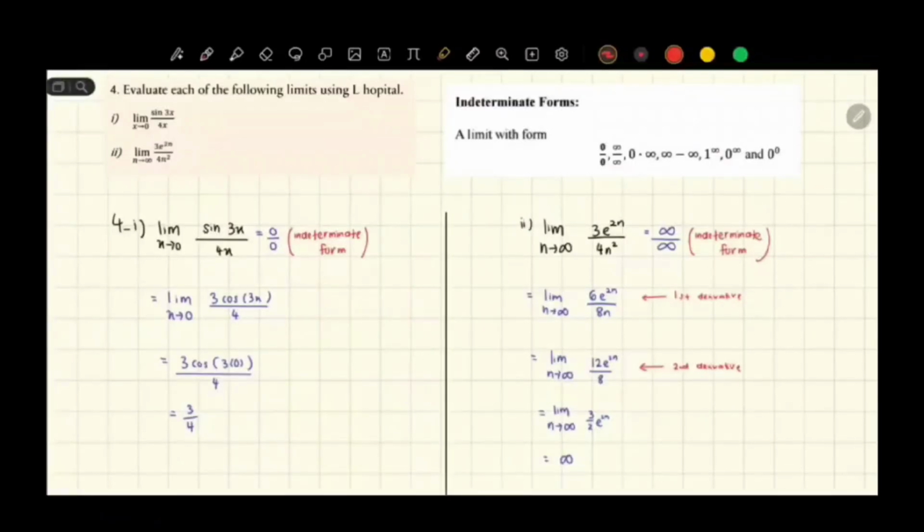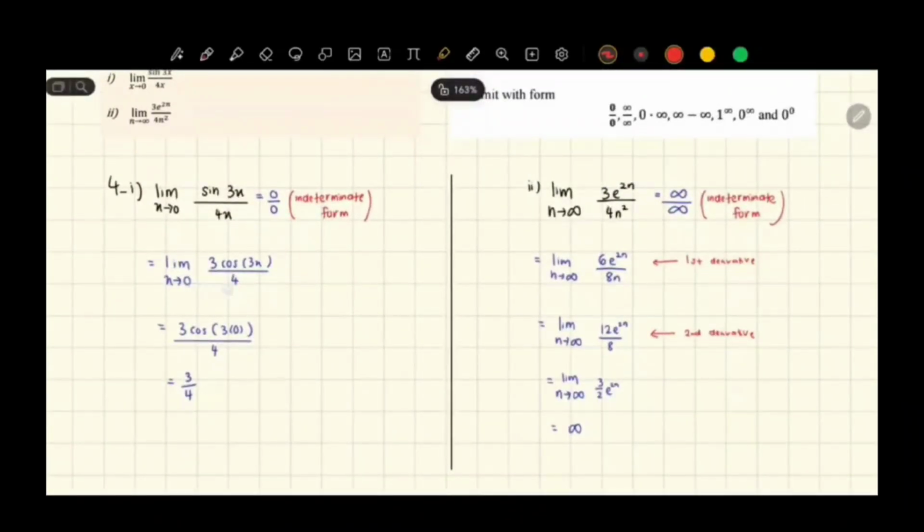For the denominator, 4x, we will get 4. So we can proceed to substitute 0 into x. So we get 3 cos 0 over 4, and then the final answer is 3 over 4.